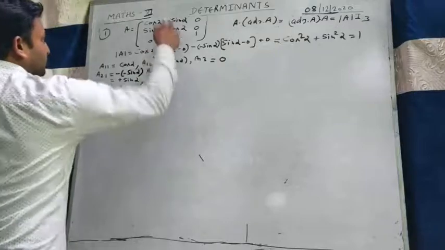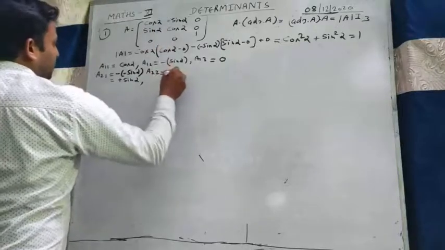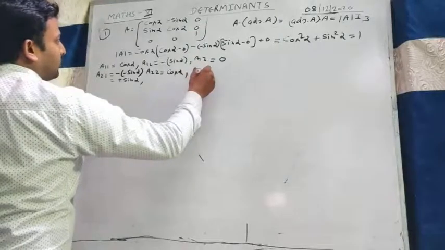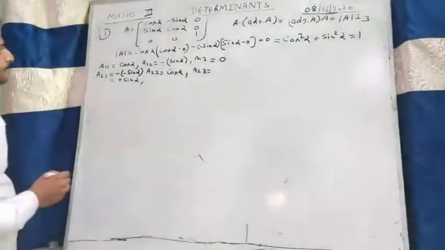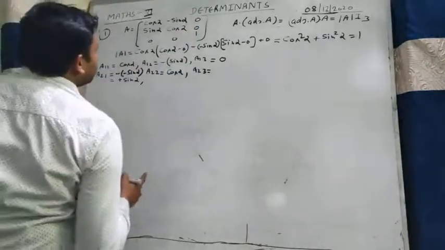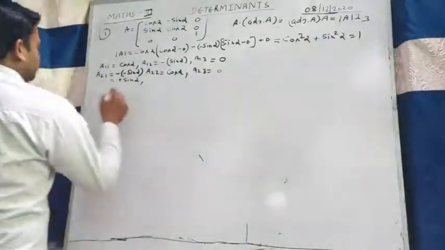A22 is plus, so it will be cos alpha, and A23 is, this cancels and this term cancels, so this is again 0.